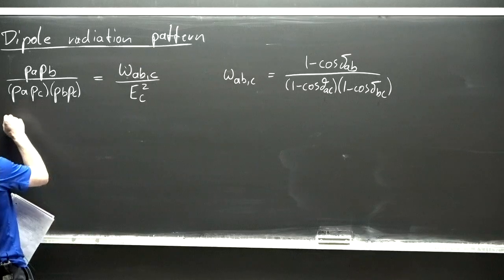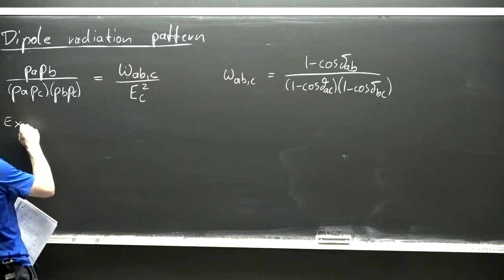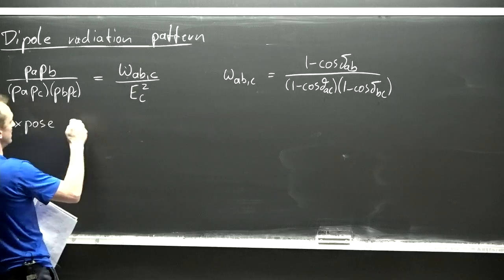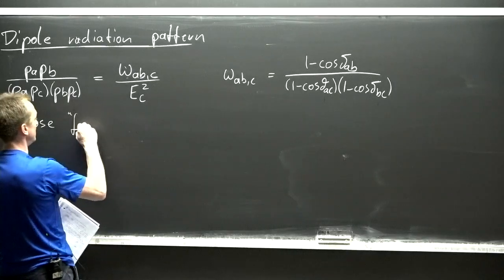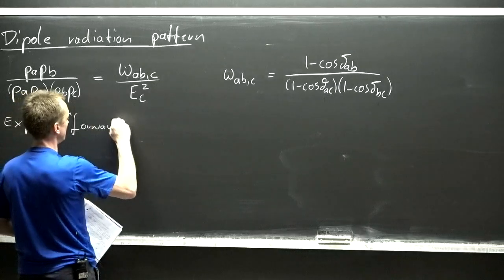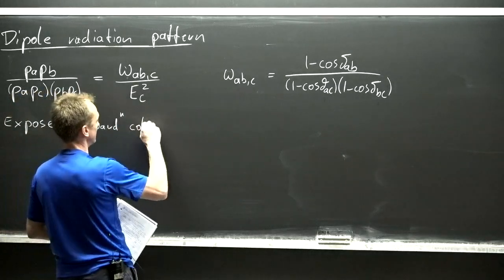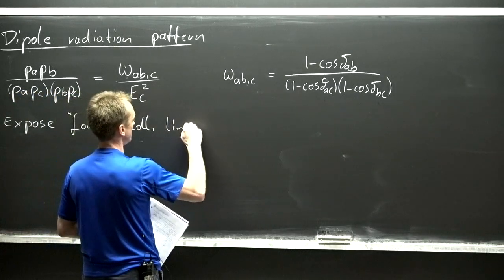And in order to do this, we expose the individual singularities through an additive matching. Let me call this the forward collinear limit.